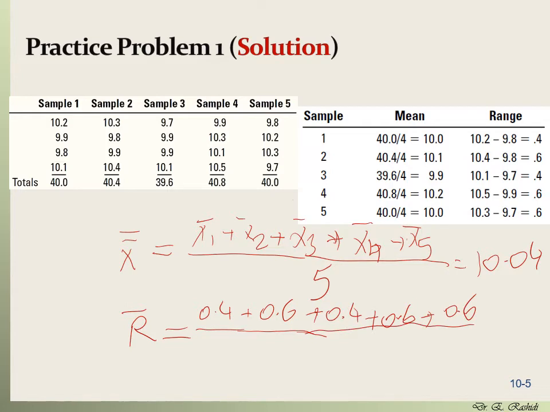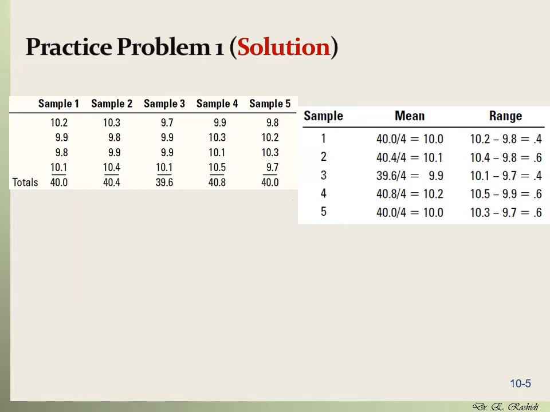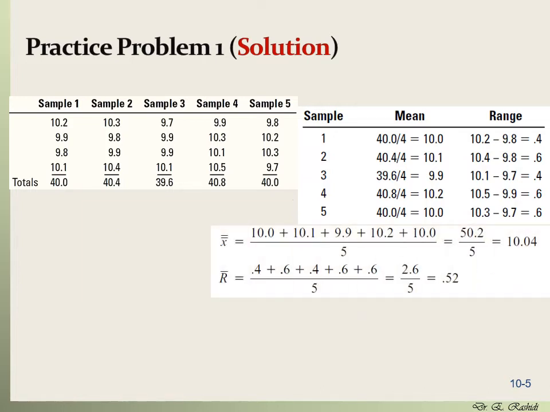We sum these all up and divide by 5, and we get 2.6 divided by 5, which is 0.52. Let me clear this up and type it out. So this is our X bar bar and the R bar, the average of averages and average of ranges. Now we can plug them in the formula for the X bar chart and R chart to find the control limits for these two charts.